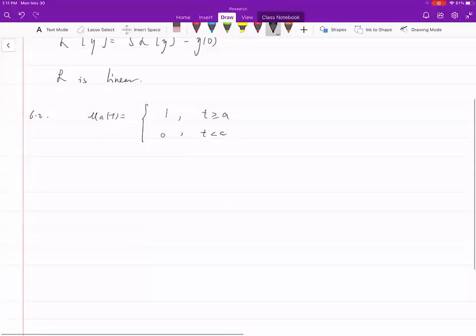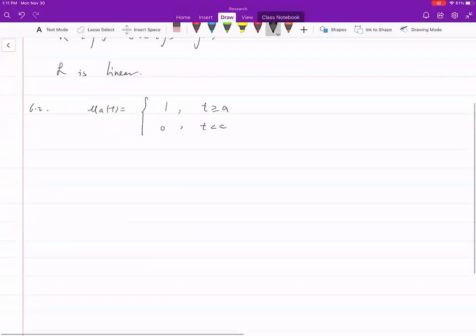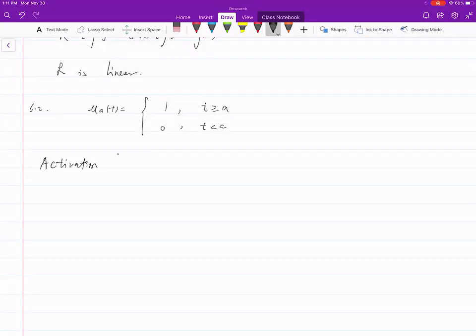That's our idea. We use it for several examples, and now we are actually going into discontinuous functions, which is something like this. This is called an activation function, or Heaviside function.